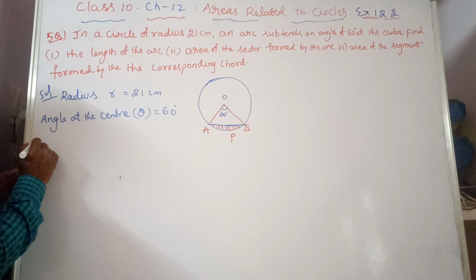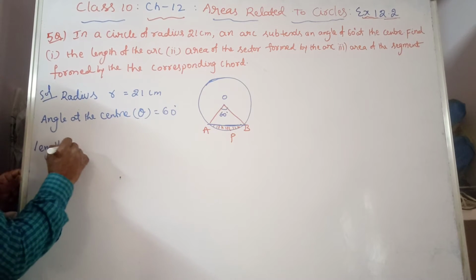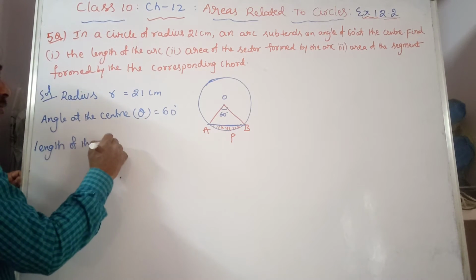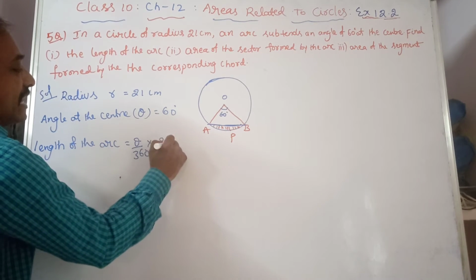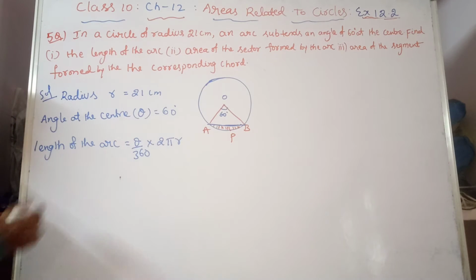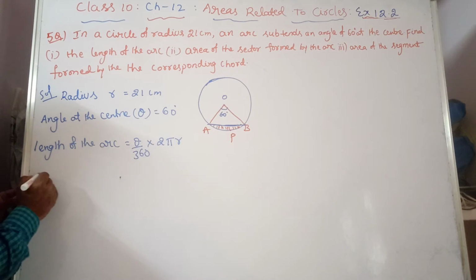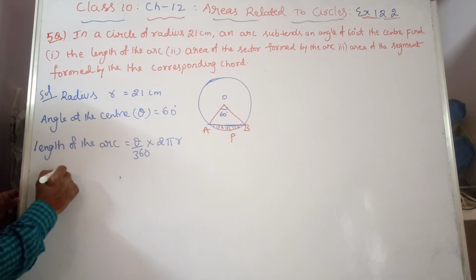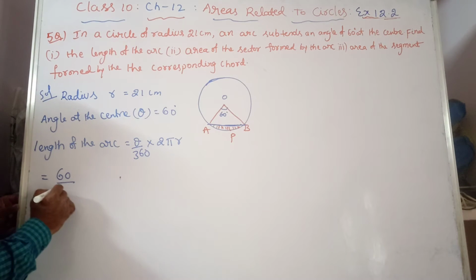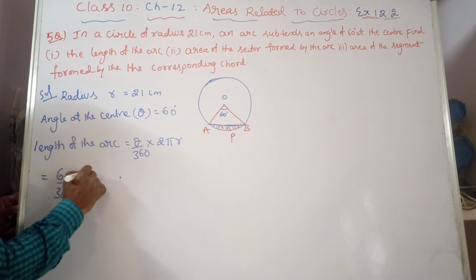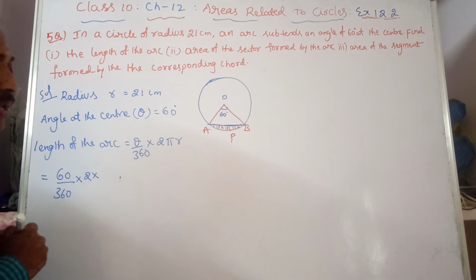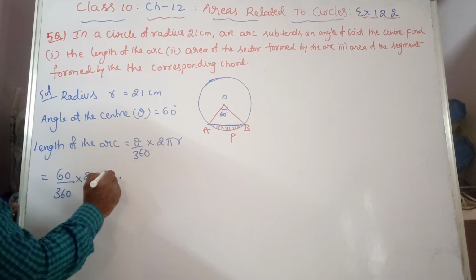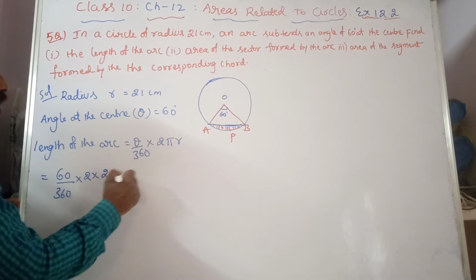First one, length of the arc. What is the formula? Theta by 360 into circumference, that is 2 pi r. Observe it, theta by 360 into 2 pi r, which is equal to, theta value we know, that is 60 by 360 into 2 into, as it is not mentioned in this question to use pi value 3.14, we are using the pi value 22 by 7. 2 into 22 by 7 into r.